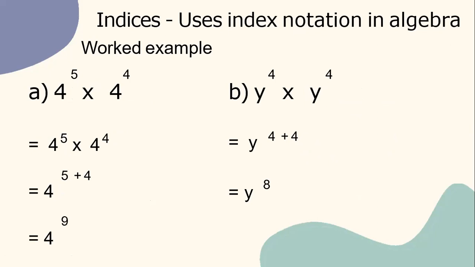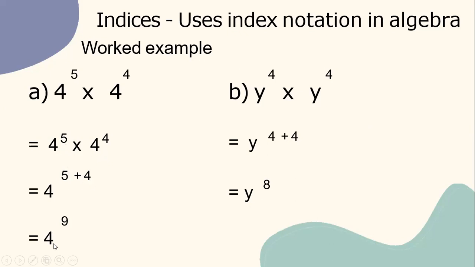Okay, the second example shows you how to use index notation in algebra. For example, 4 to the power of 5 multiplied by 4 to the power of 4. It means that the powers 5 and 4 must be added.